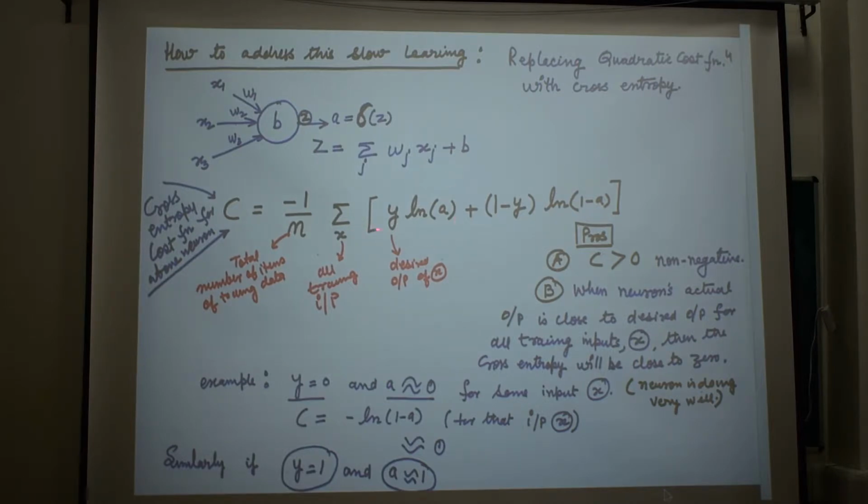If your y is equal to 1, then the second term will be 0. If your y is equal to 0, then the first term will be equal to 0. So when you are dealing with a single element of the vector, it may be either 0 or 1, so either this term will be active or that one. This is a cost function. Fine.